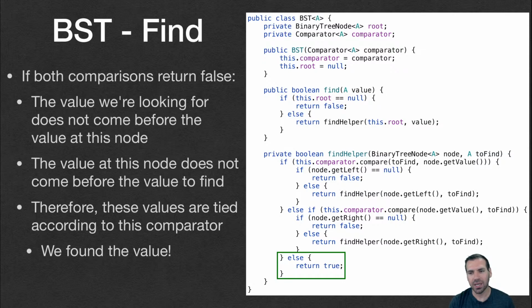Like the comparator doesn't care about the casing, the capitalization differences, so they're equivalent according to the comparator. Same with Bayesian average rating. If two songs have the same Bayesian average rating, it doesn't mean they're the same song. It just means they have the same Bayesian average rating.